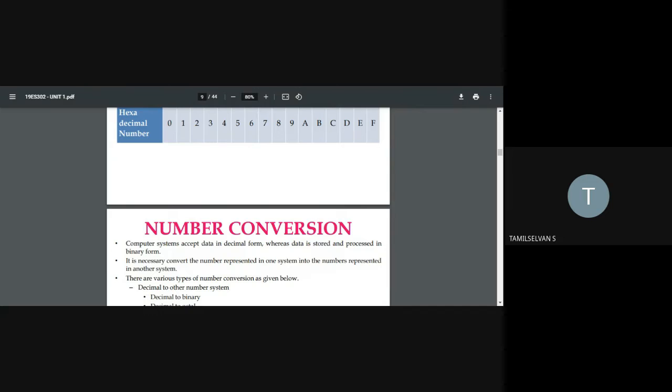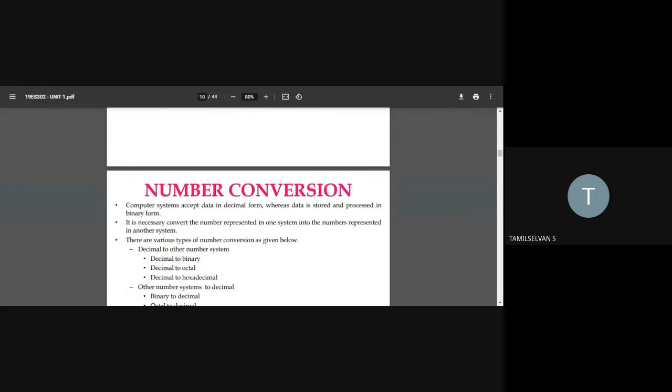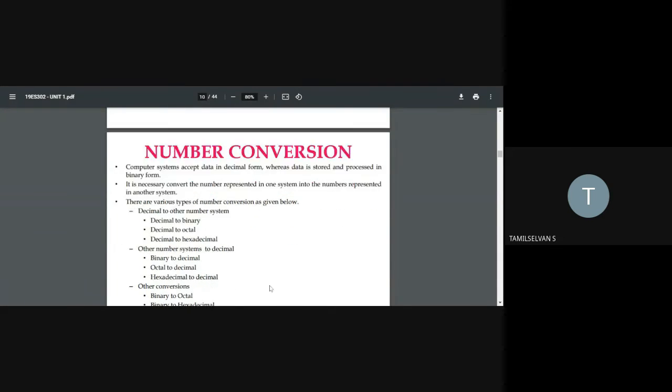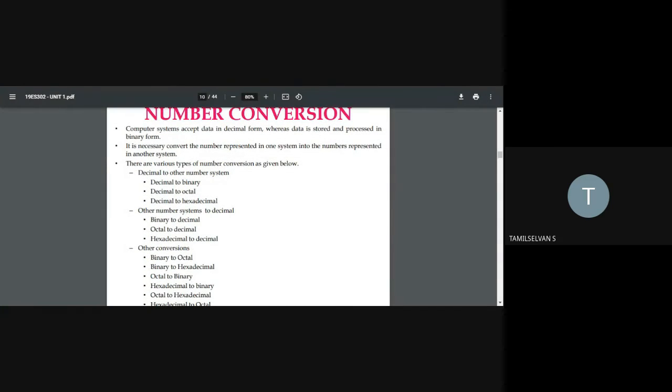So number conversion is used as an intermediator to identify the numbers by human and computer. Basically there are a variety of number systems available. The first one is the decimal number system to other number systems.